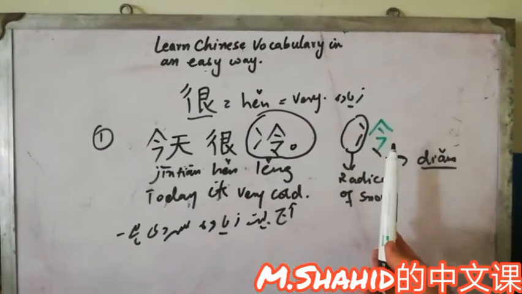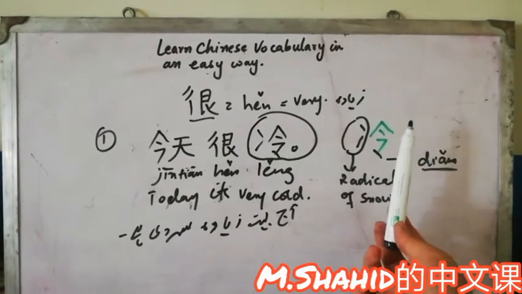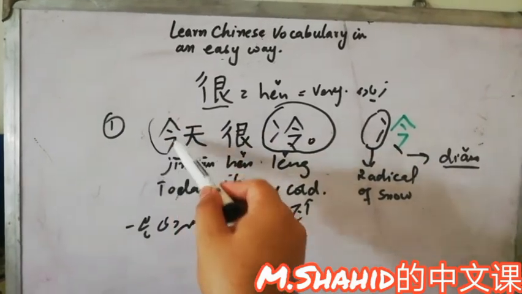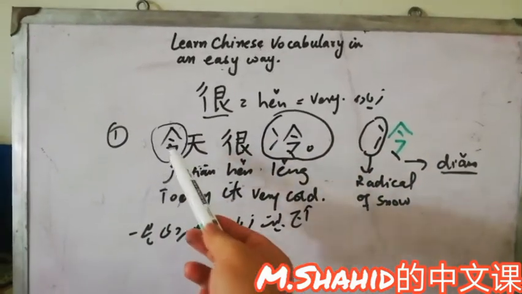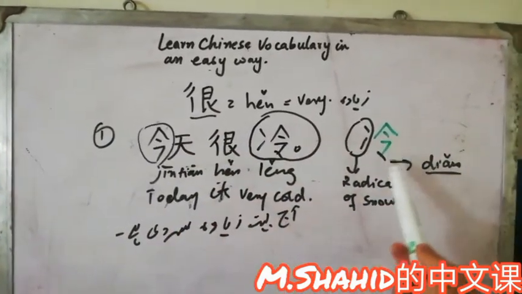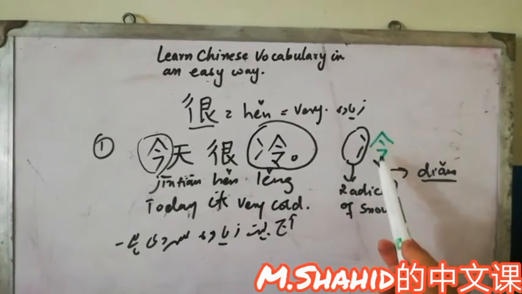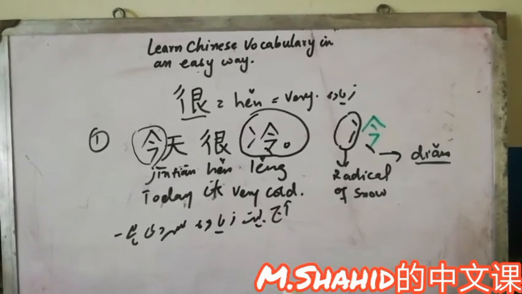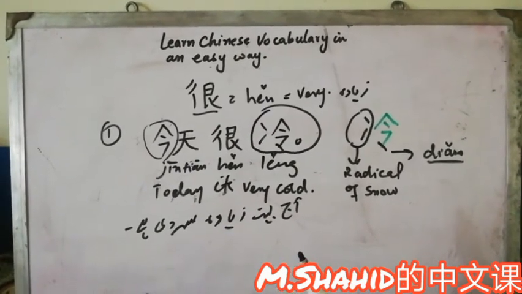So you can easily remember this character in relevance with this Jin. I added the radical of snow, and then a dian stroke, so it became interesting.